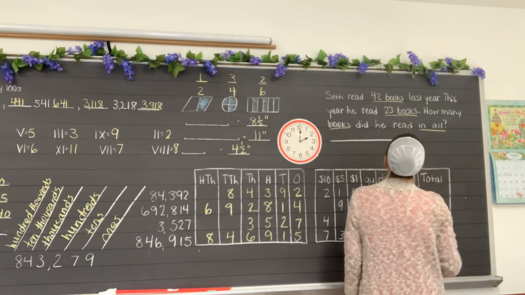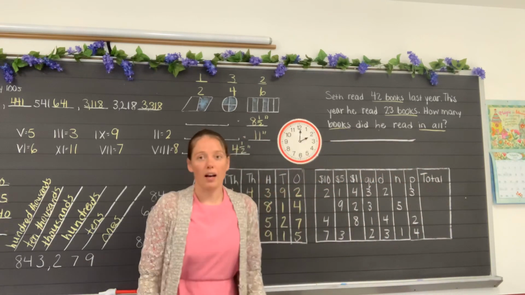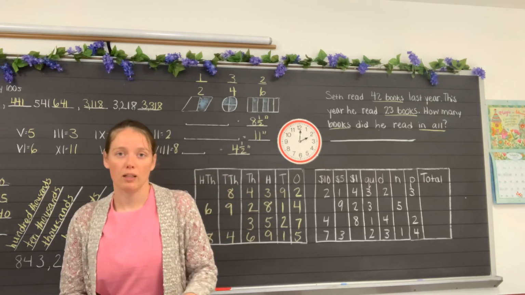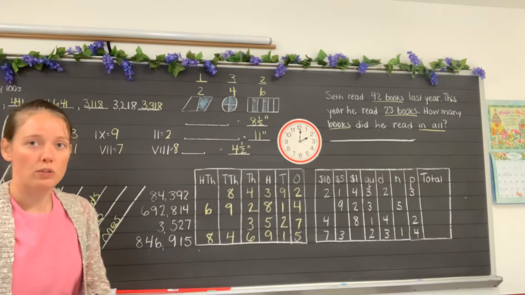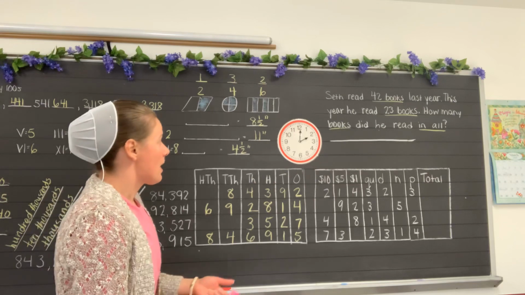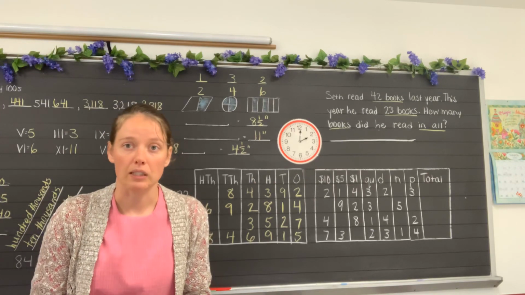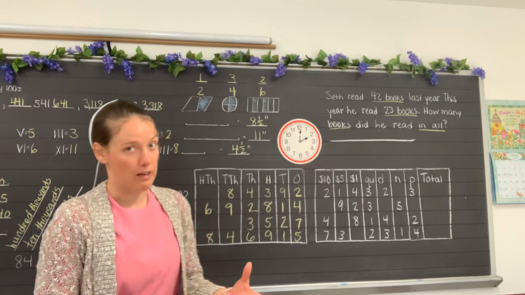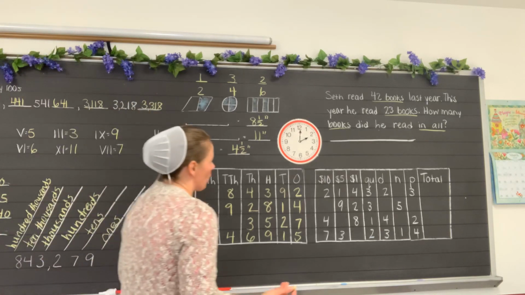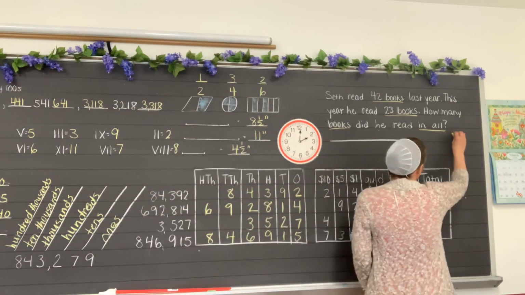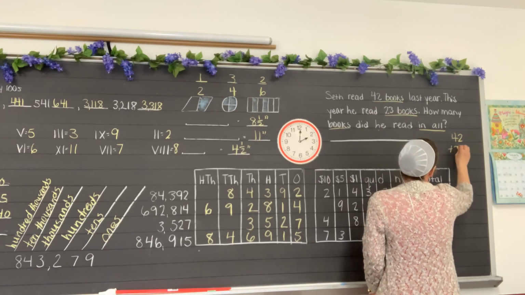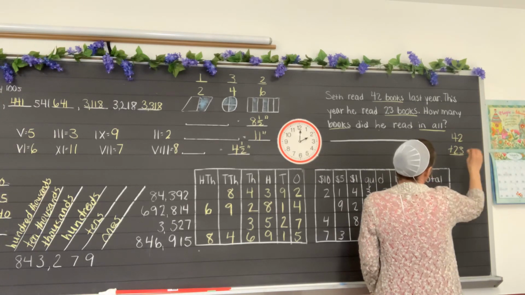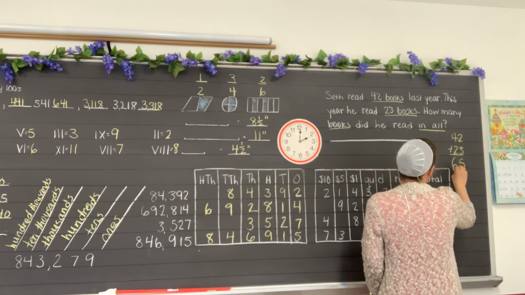in all. So if you think in your mind what's happening, Seth was reading 42 books last year, and this year he read 23 books, and it's asking how many books in all, so we add for in all, right? So we're going to go 42 plus 23. 2 plus 3 is 5, 4 plus 2 is 6.